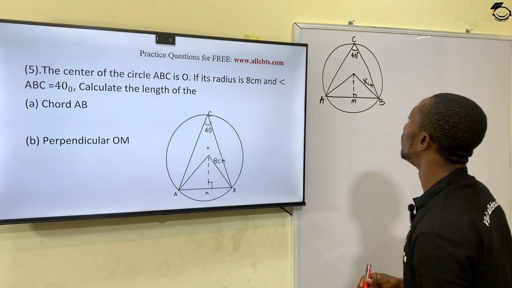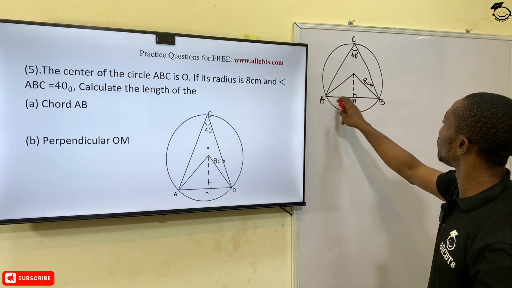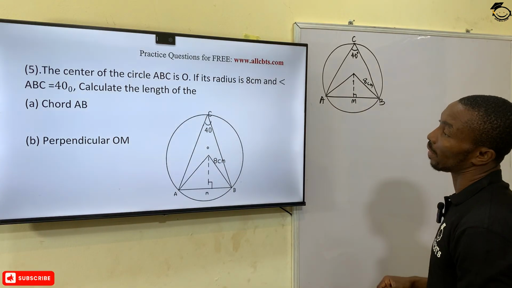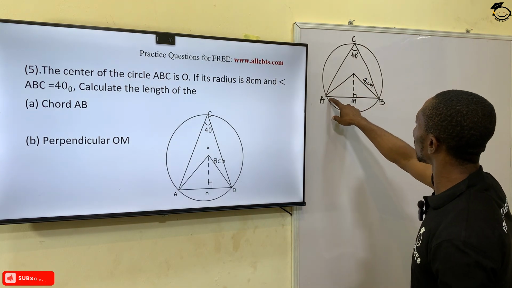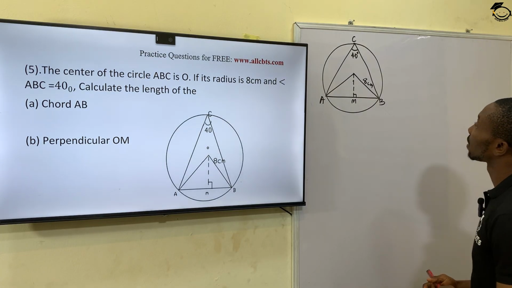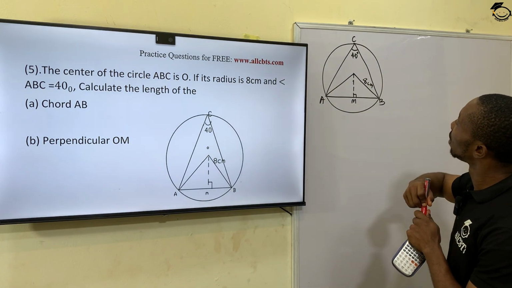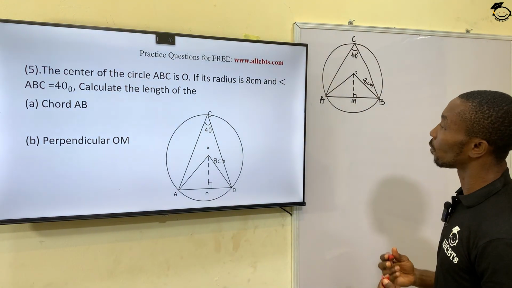First off, for us to get our chord AB, we have to find this angle and use it to calculate chord AB. Now, in our theorem, we know that the angle at the center is twice the angle at the circumference.